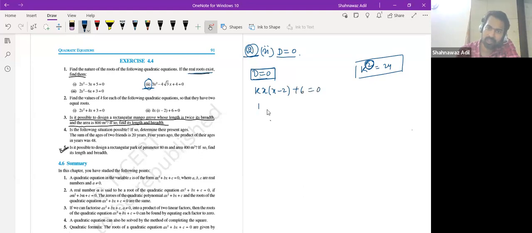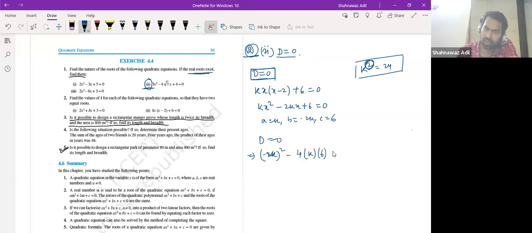So this is in the general form: a is k, b is minus 2k, c is 6. So b square, which is minus 2k whole squared, minus 4 into k into 6. This is 0, right?